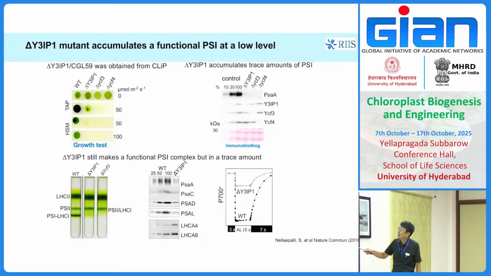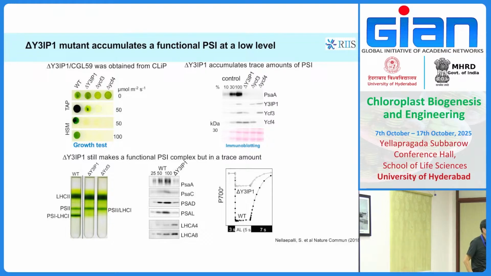And we also checked these 3 strains by immunoblotting for the presence of related proteins. This is the wild type control. We loaded 100%, 30, 10% of the sample. This is a dilution series. For PSAA, YCF3, YCF4, you don't see the signal, but very slightly the delta Y3IP1 mutant accumulates PS1.